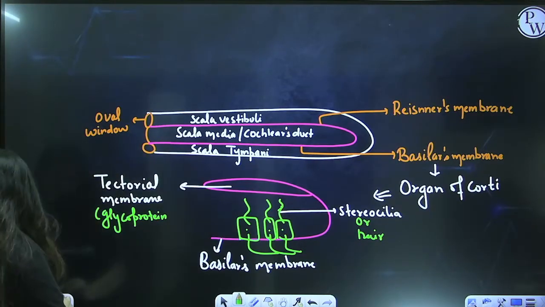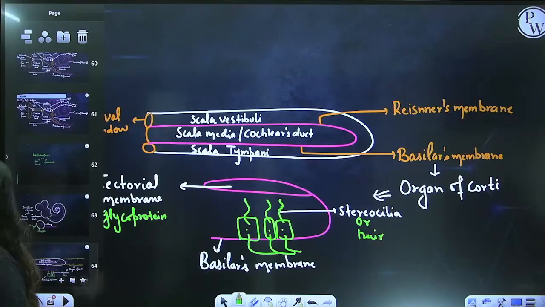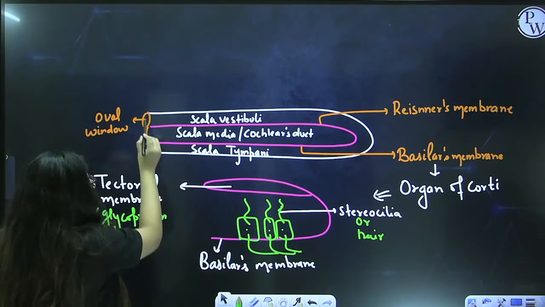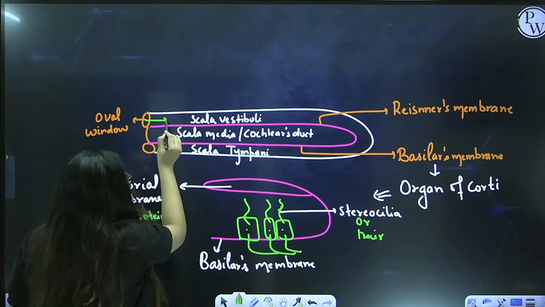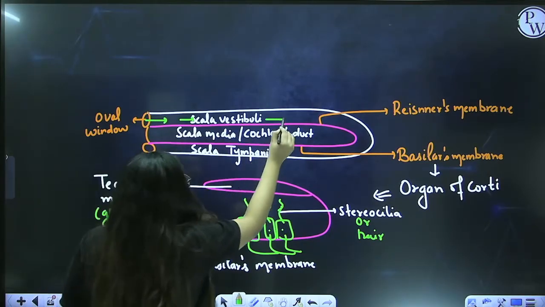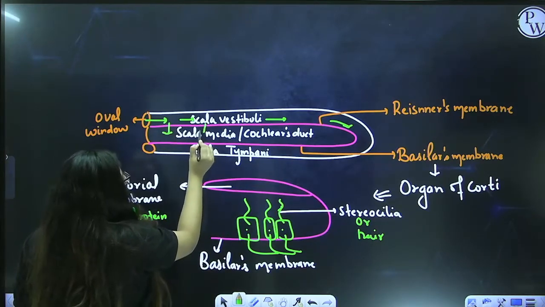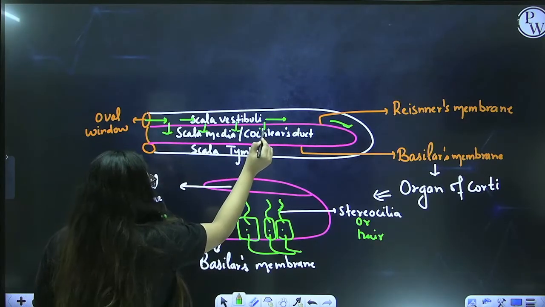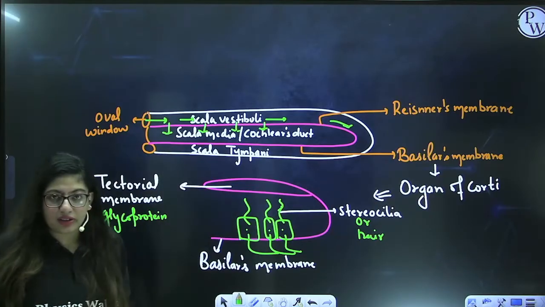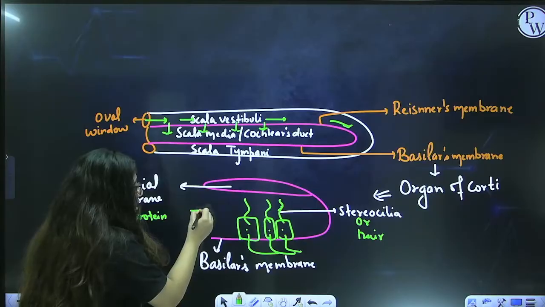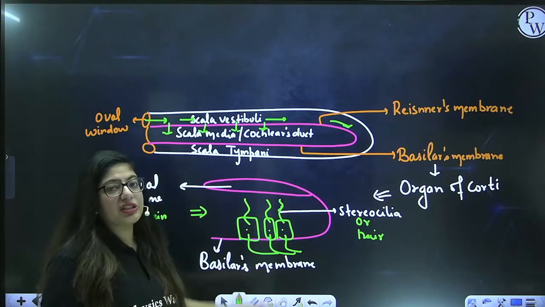Imagine this is the oval window. The sound will enter inside this, and it will move in this manner. These vibrations will go inside your cochlear's duct, and in the cochlear's duct, endolymph is present. So these vibrations will move the endolymph, which will move the stereocilia.